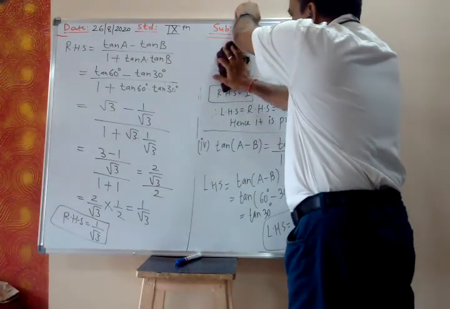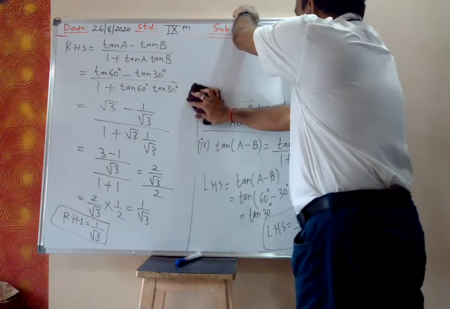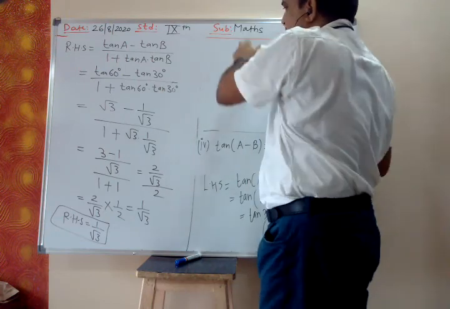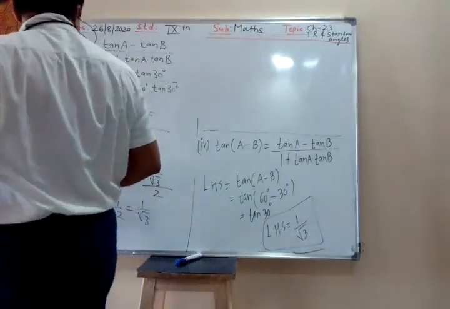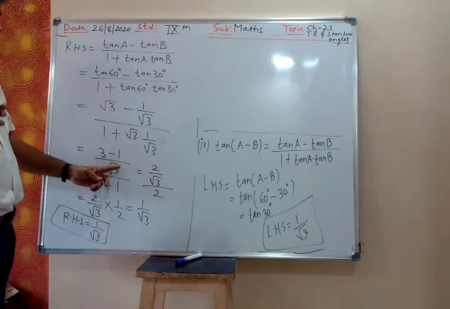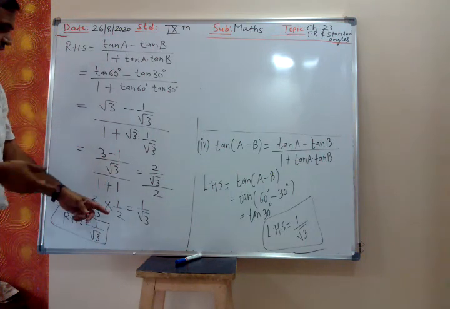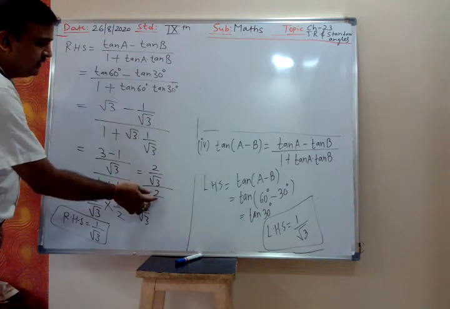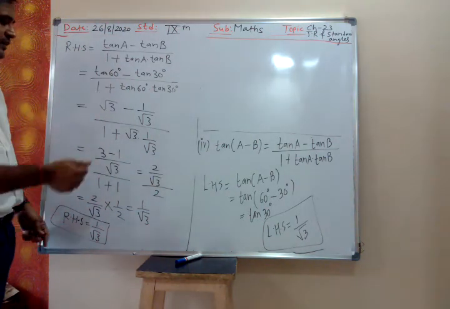See, the same question was asked last year in the first term exam. Many students made a mistake in the last step: 2 by root 3 divided by 2. Some of them have written 4 upon root 3.